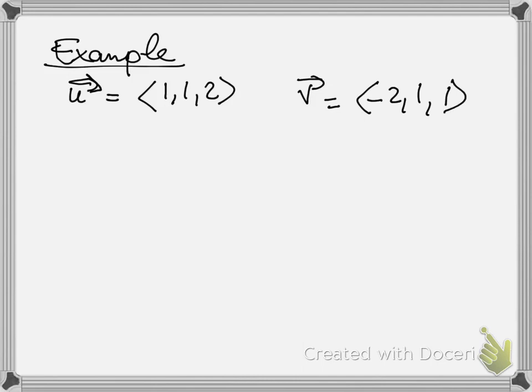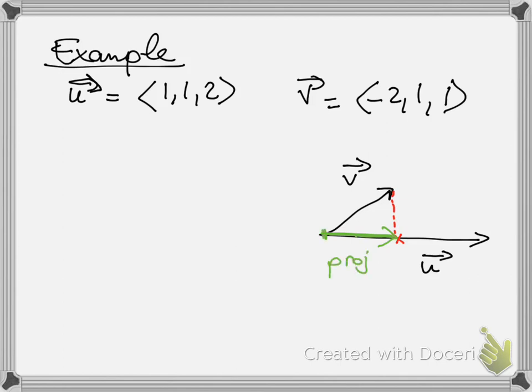Here's the vector u, here is the vector v, and I want to find the projection of v onto u, so that will be this vector here. So this is the projection of v onto u. Okay, so let's compute this projection.